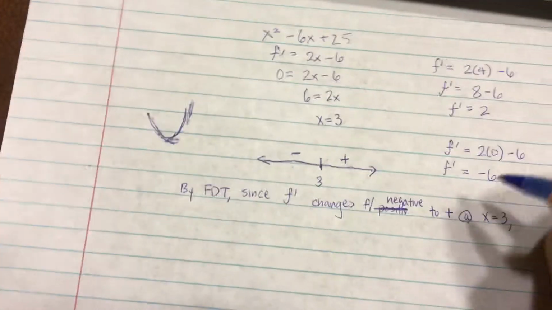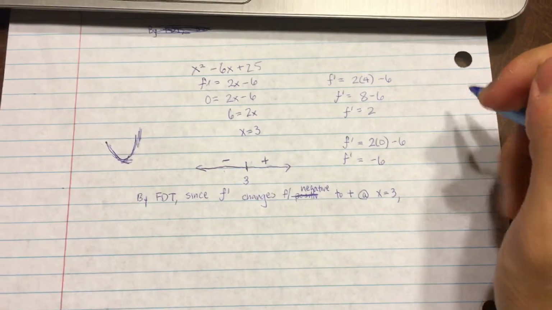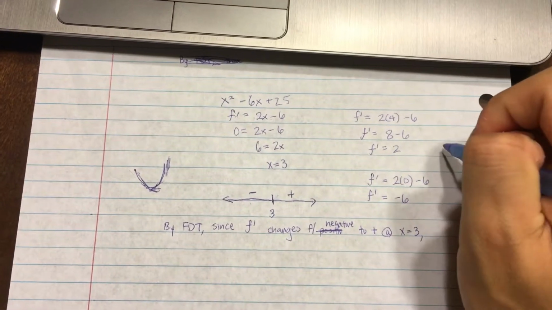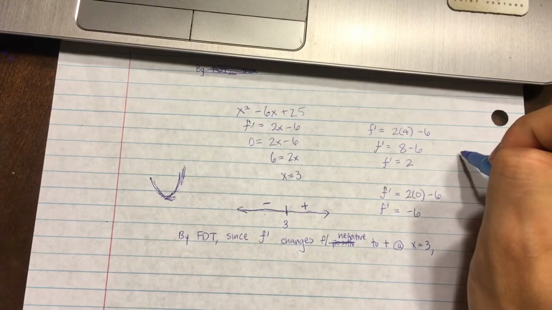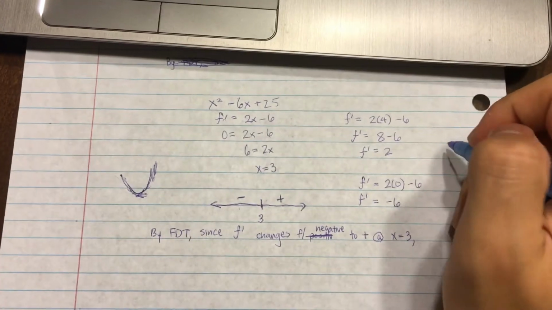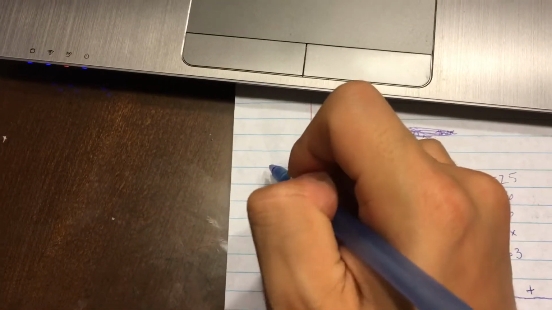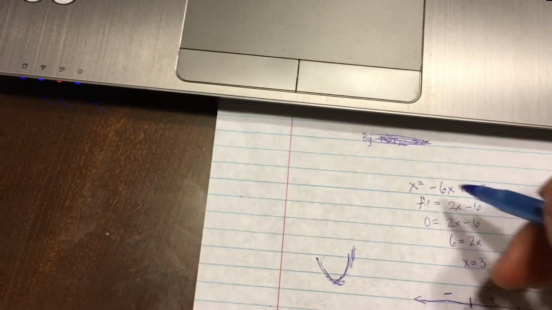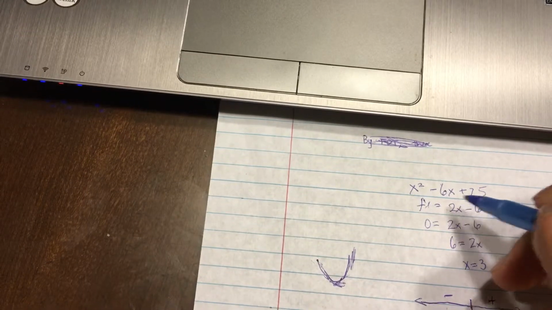Oh yeah, and while you're writing the sentence, you also have to find what the original point at 3 is. Sorry, I forgot to do that. So let me do that real quick over here. Actually, let me do it on this side where there's a lot more room. So the original equation is x squared minus 6x plus 25.